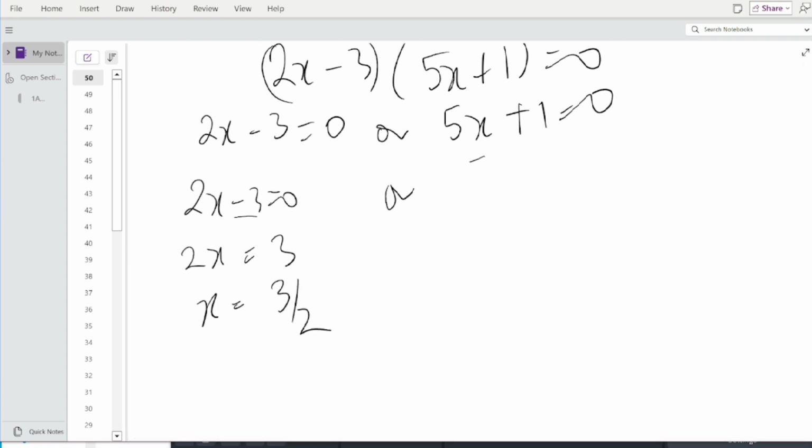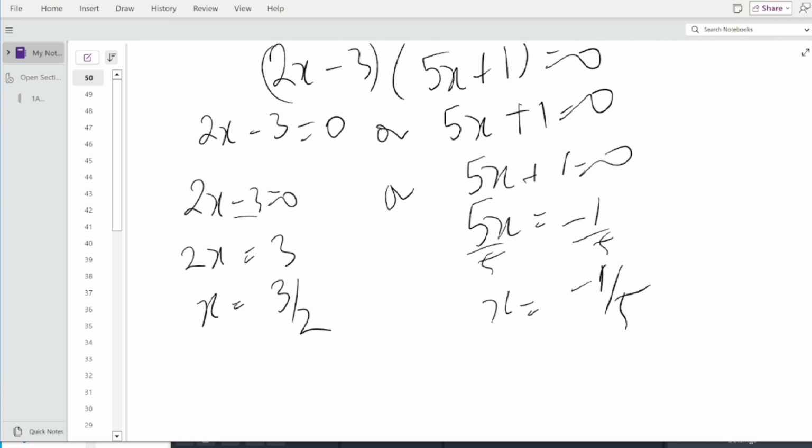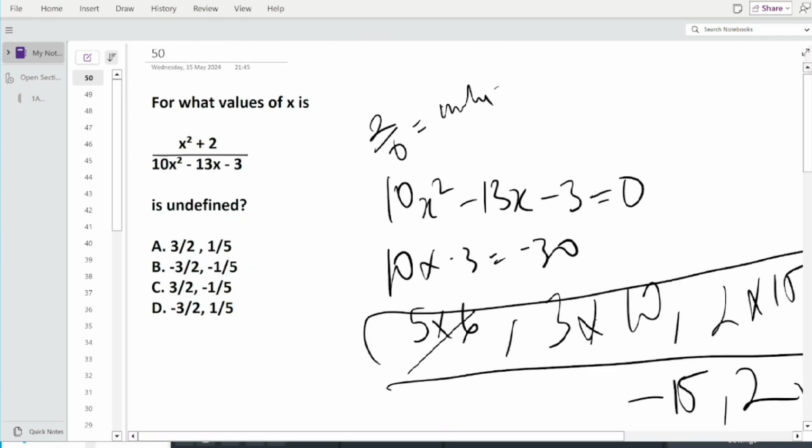Then on the other side, 5x plus 1 equals 0, so 5x equals minus 1. We divide both sides by 5. X is minus 1 over 5. So the two values of x that will make this expression undefined are 3 over 2 or minus 1 over 5. Our answer is therefore C: 3 over 2, comma, minus 1 over 5.